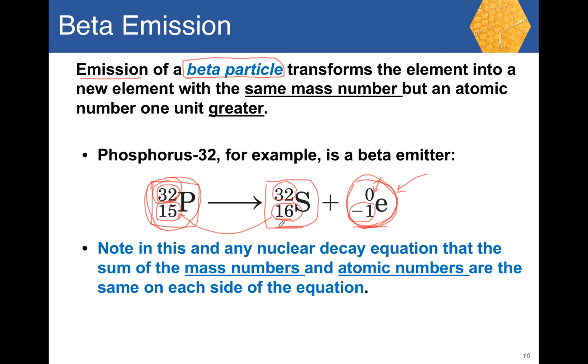You look at your periodic table and determine what atom has 16 protons, and you'll discover it is sulfur. So this isotope of phosphorus, phosphorus-32, is radioactive and emits a beta particle, written like this, and after the emission of the beta particle, it forms this isotope of sulfur.